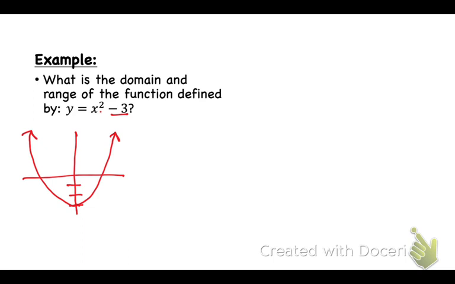Okay. So mathematically, is there any limitation to what number I could put into x squared minus 3? No, there isn't, is there? So that means I can use all real numbers, correct? So my domain, and we'll do set and interval, is all real numbers.